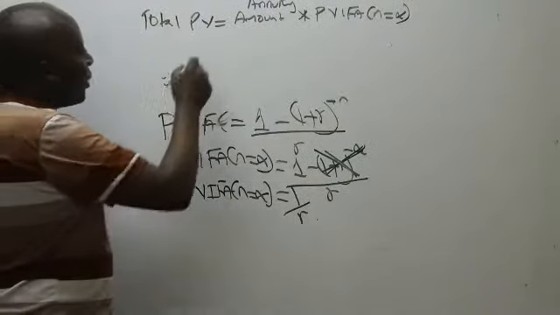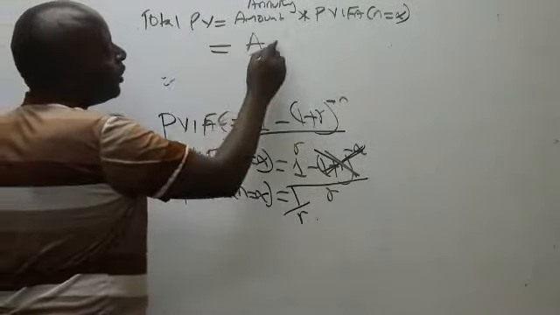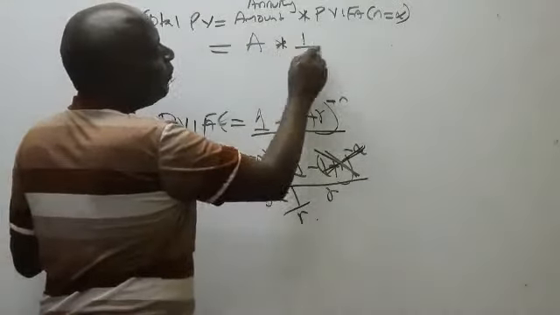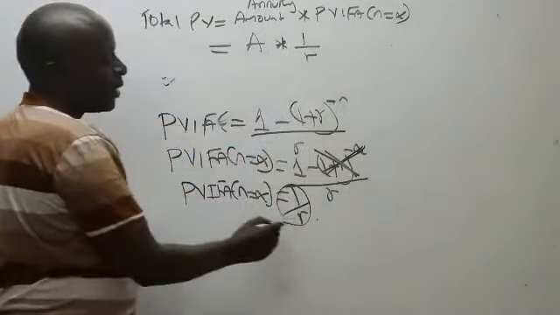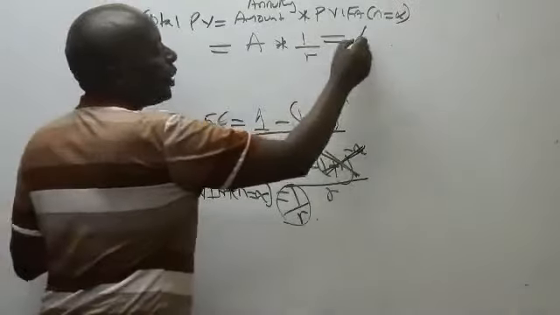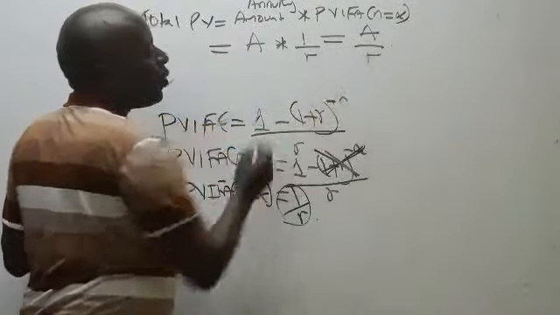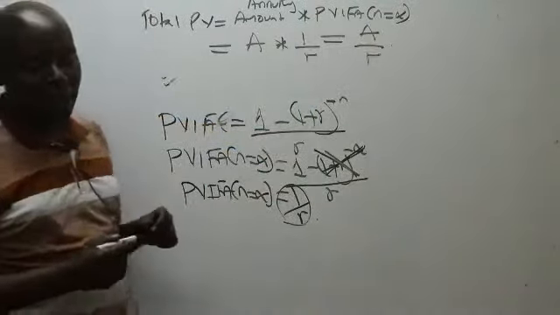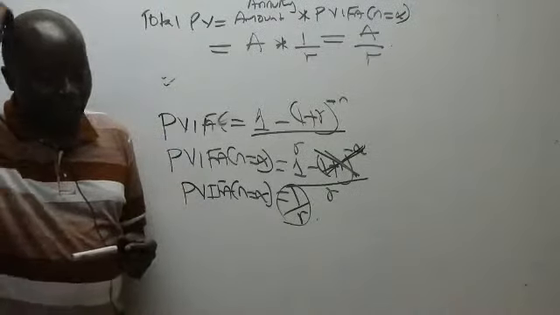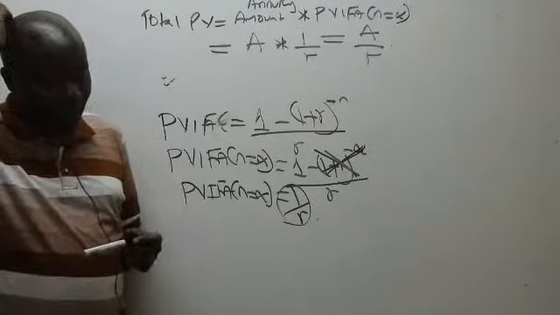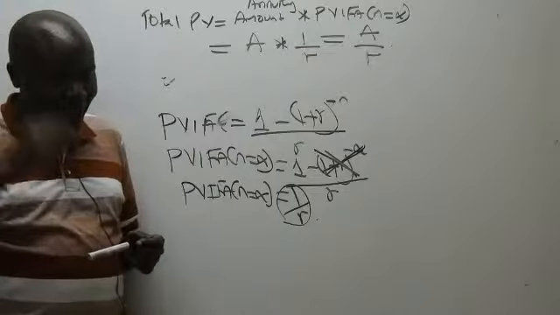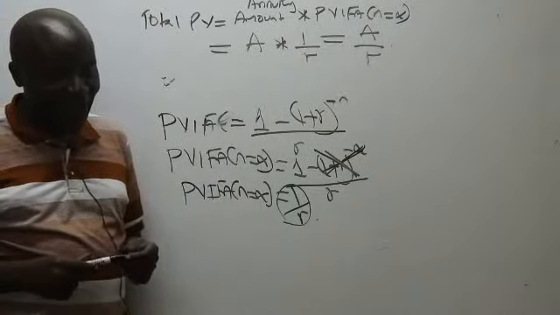So the annuity amount is A, A times the PVIFA, which is what here, somebody? And that is why you saw those two gentlemen talking over A over what here? A over R.